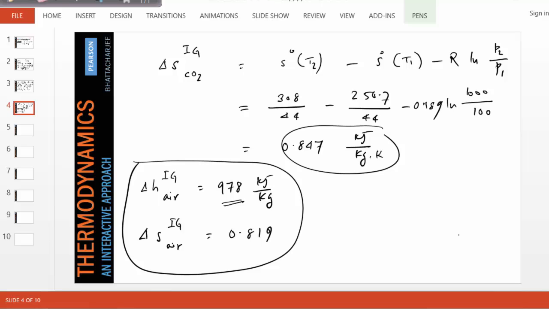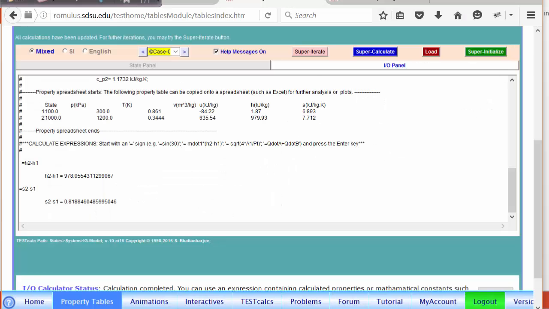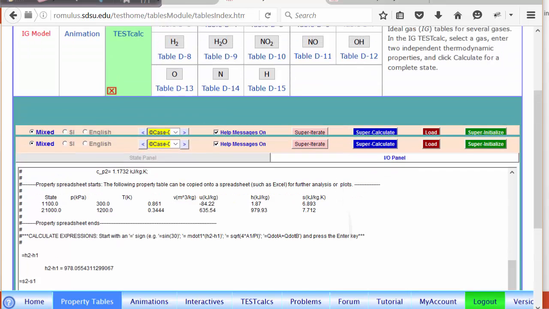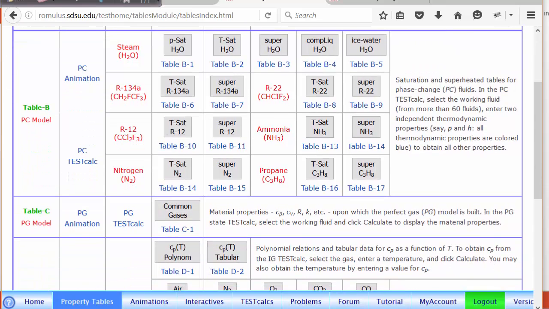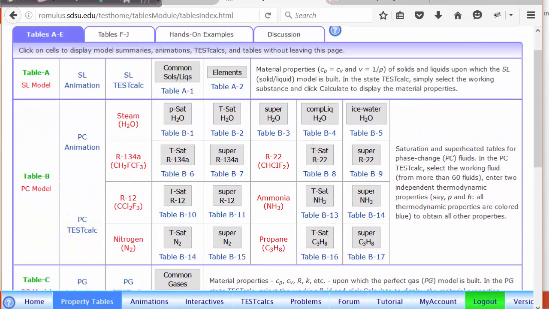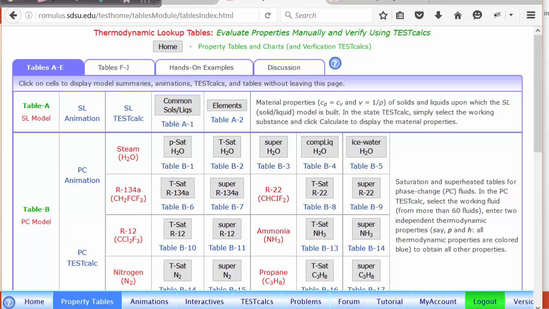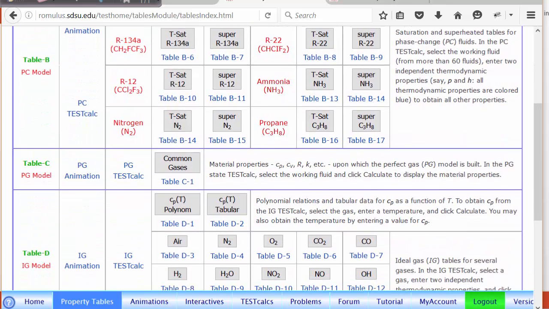So this is just to show you that using the property tables, you can not only learn about a particular model, and by model what we mean is a set of assumptions that groups a bunch of working fluids together, like the solid liquid model. The PC model means all the phase change fluids, and the PG and IG models are simplified gas models.